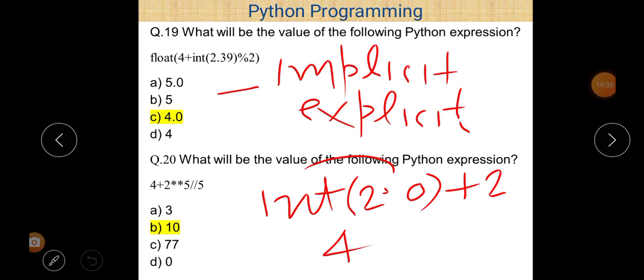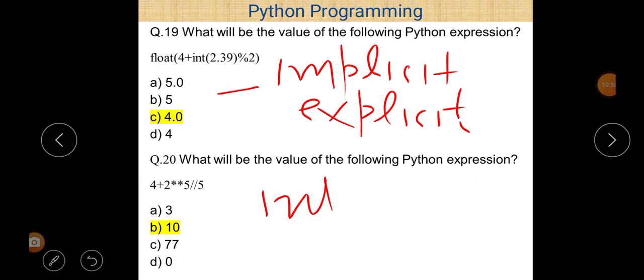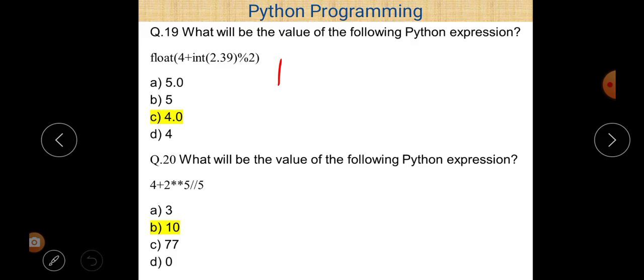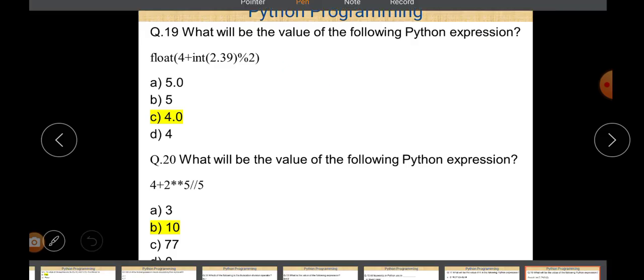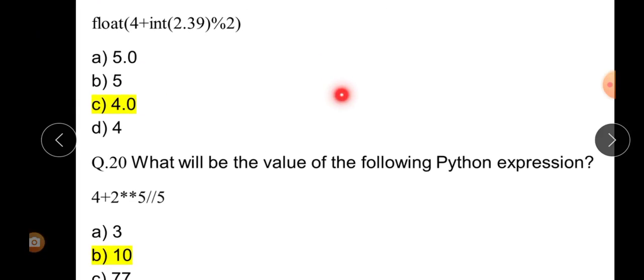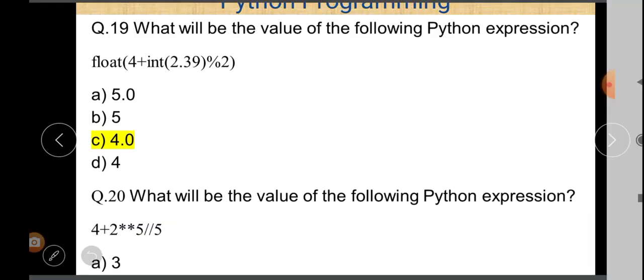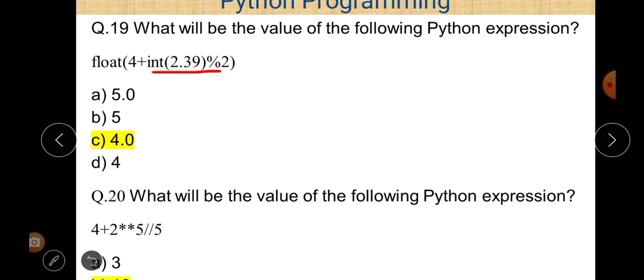Now let us solve this question. First of all, you can see on the screen that 2.39 is there, which should be converted to an int value, which is 2.